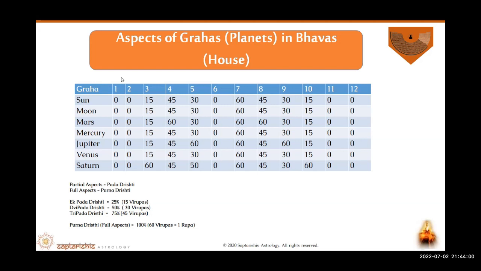But I will give you a simpler example for this. Now this is another technique. You all can write it down. Why is this Saturn having 50 virupas in the fifth house? That is not 50; I think that is mistakenly written.